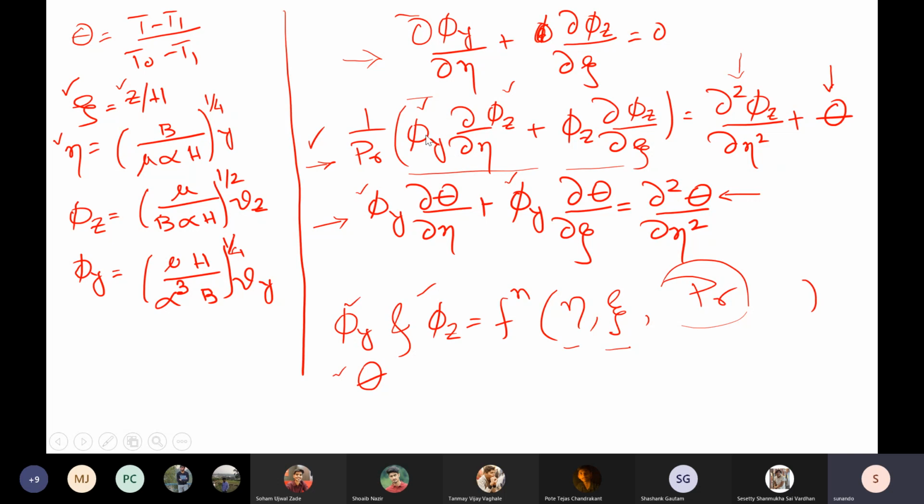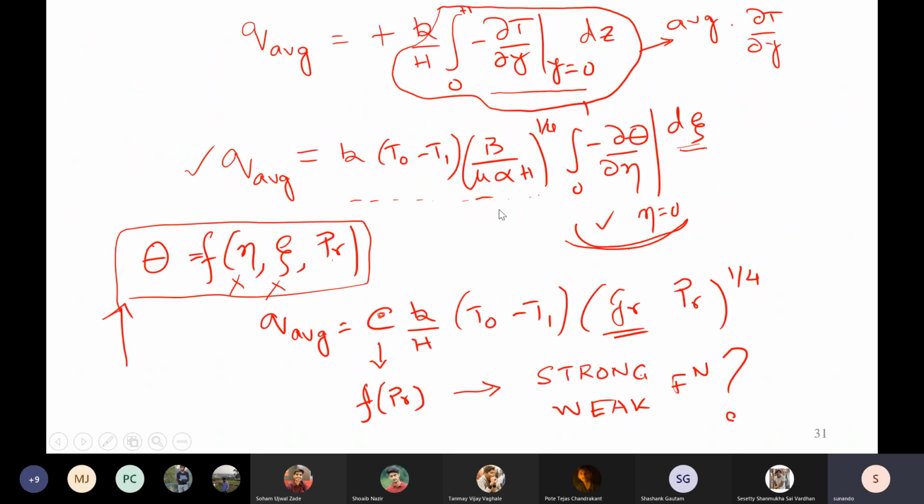The role of convection is small. So all terms which appear in the equation of motion will have little contribution in the overall value of theta. With this logic, we realize that this C is going to be a function of Prandtl number.